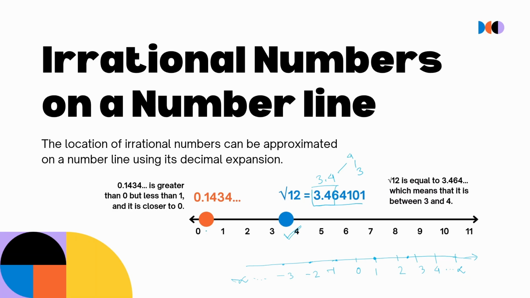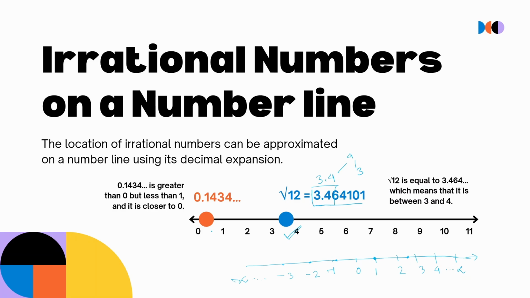And one more irrational number is given: 0.1434. It's non-terminating and non-repeating. That's why it's an irrational number, and we need to plot it on the number line.